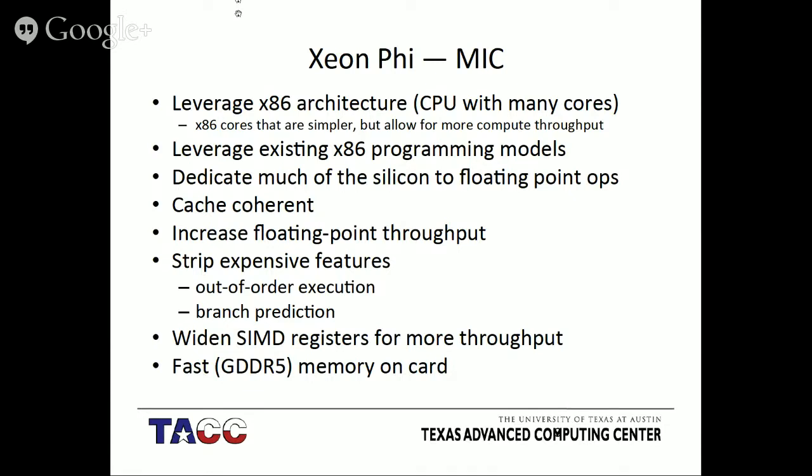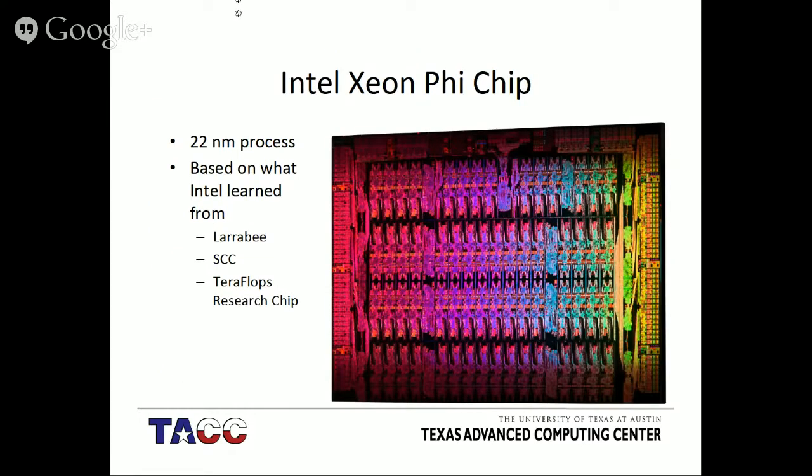Those are these vector registers that you can use to get more throughput, and they have a wider vector unit in these cores. And then on this board, you have fast GDDR5 memory that you would also find on a GPU. Our cards have 8 GB of memory. So whatever you have to do on the card, it has to fit into this 8 GB of memory. You cannot use any more than that.